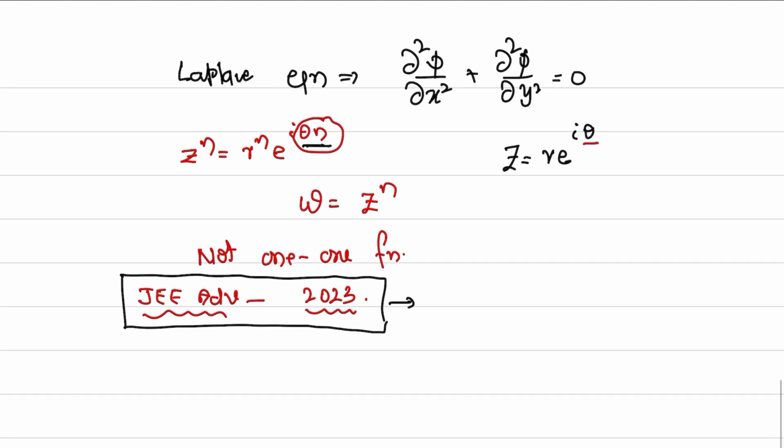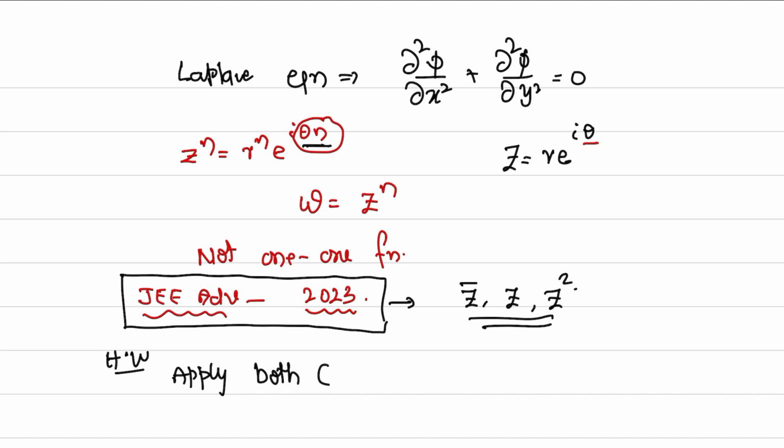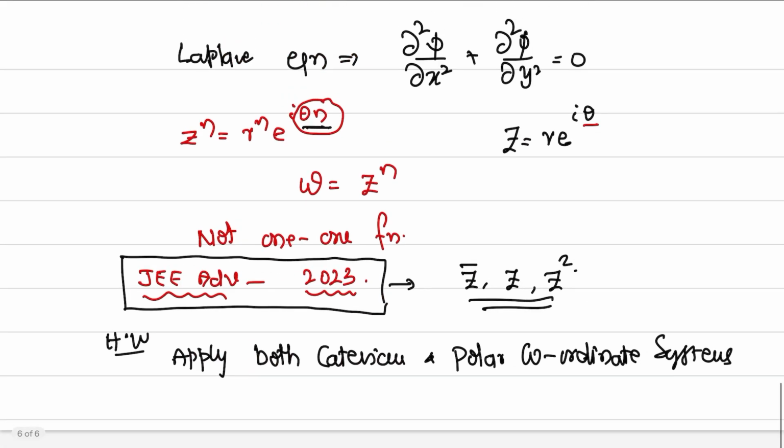Now, in the JEE 2023 Advanced paper, I think there is a question on Z, Z bar, Z square. Please refer to that. It is homework for you. Please apply both Cartesian and polar coordinate systems to find the solution.